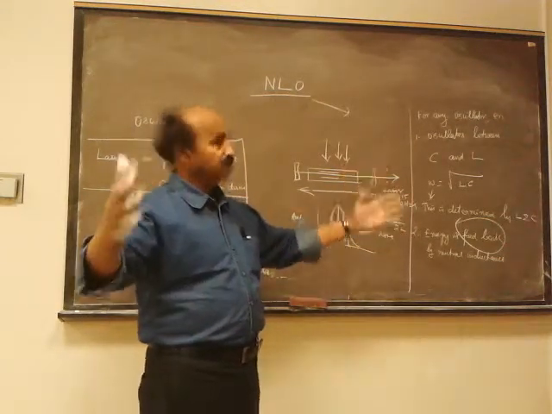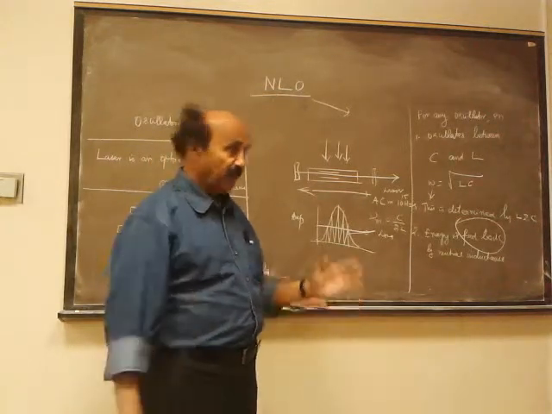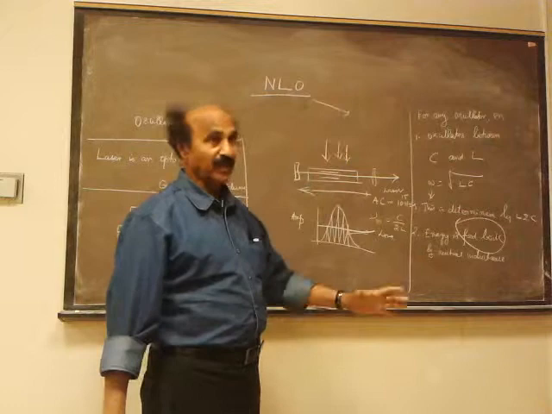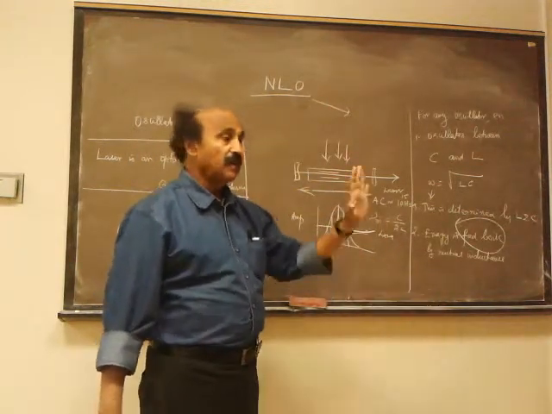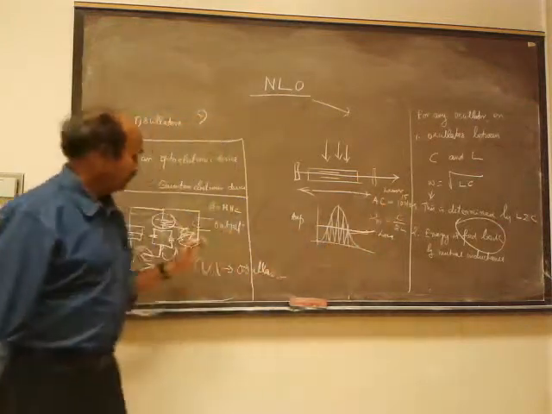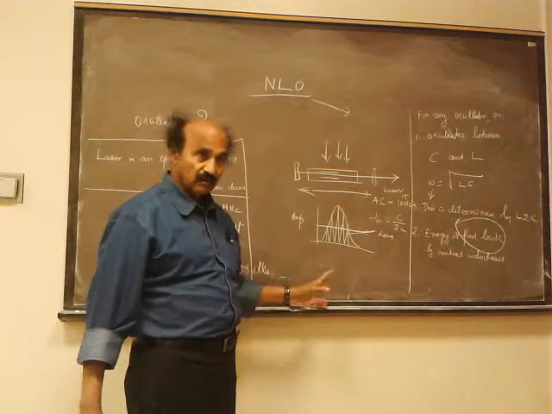Occasionally, it behaves like a photon. On another occasion, the same light behaves like a wave. If the frequency is low, it is a wave. If the frequency is high, it is a particle or a quantum.